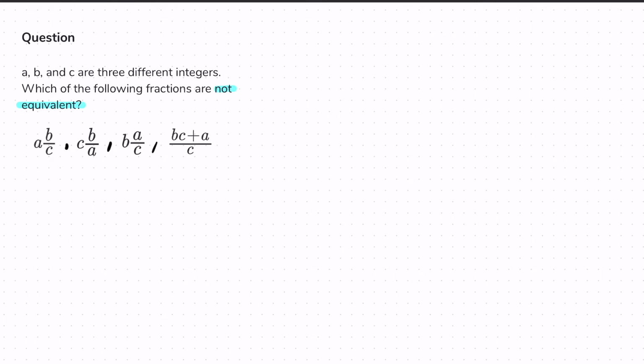Now, what we can see is that they're given as A, B over C. It's a mixed number, so it's got a whole number and a fraction. But what we're going to do is try and change them all to look like this here, an improper fraction, and that's just going to allow us to compare them.